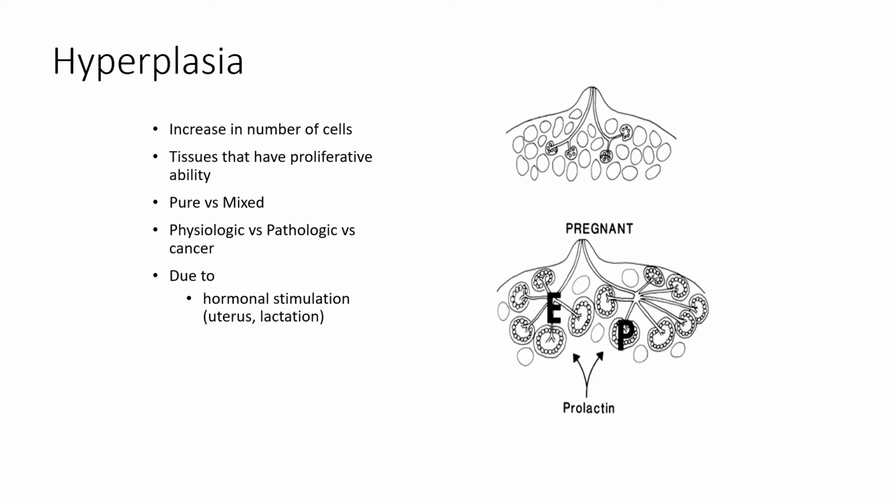Another example of hormonal stimulation, which can be pathologic and can transform to cancer, is the effect of continuous estrogenic stimulation on the endometrium. In females after menopause, meaning after the age of fifty, the estrogen levels are supposed to drop, this is the normal situation.